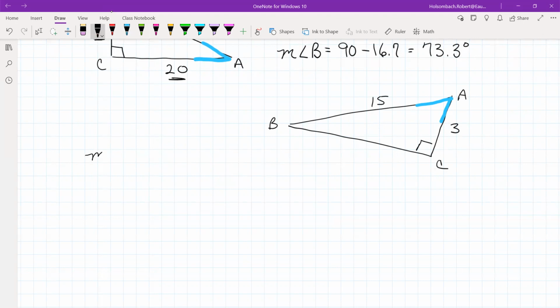So the measure of angle A is equal to, what sides are we dealing with in relation to A? Adjacent and hypotenuse. So inverse cosine of the adjacent side over the hypotenuse gives us the angle measure. 78.5.